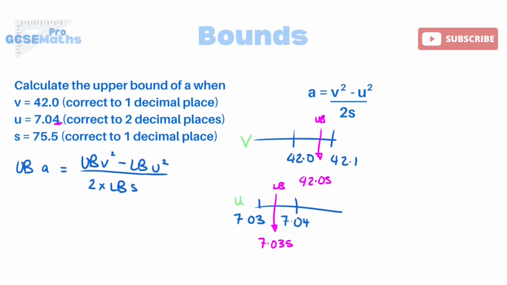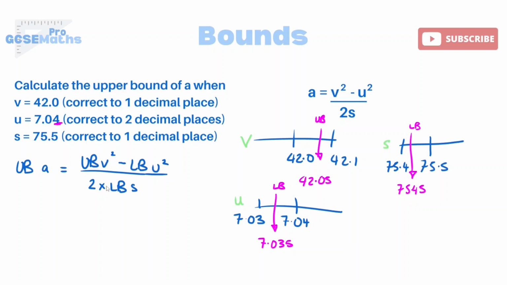That's U. And then finally, I'm going to want the S, which I'll put over here. So we've got 75.5, correct to 1 decimal place again. We want the lower bound, so 1 below is 75.4. And as we said, halfway: 75.45. Okay, so that's S.